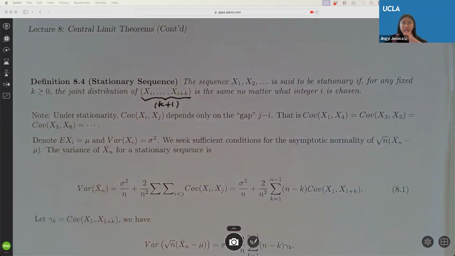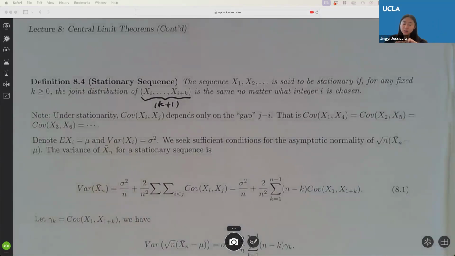In other words, you have a sequence, and I can start from anywhere, look at k plus 1 consecutive terms, and these subsequences have the same joint distribution. This is what we call stationarity.